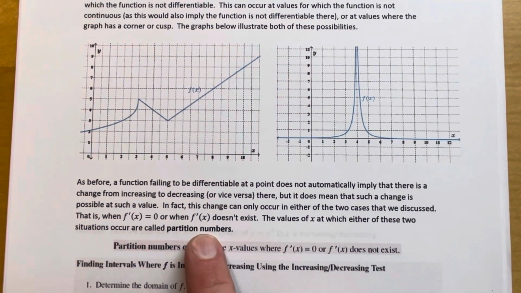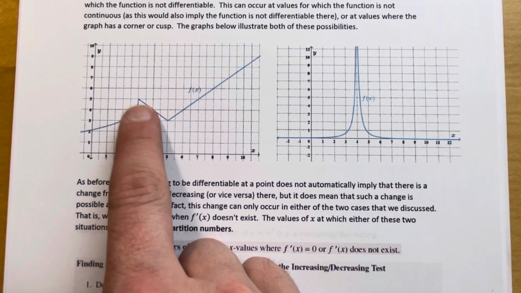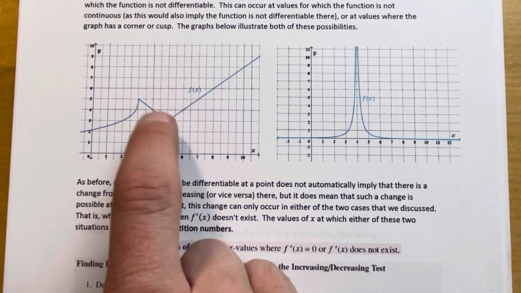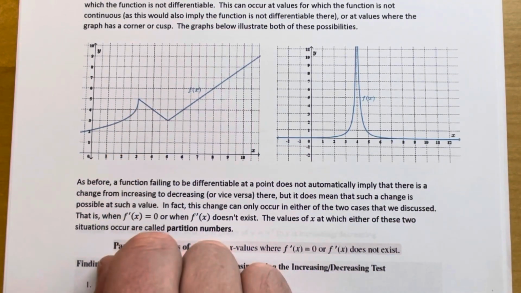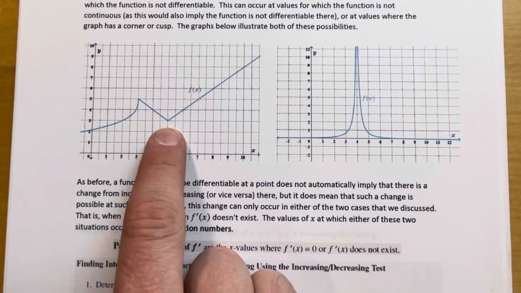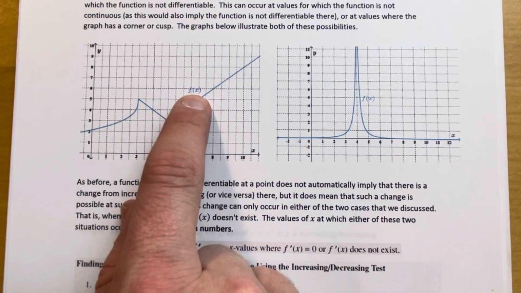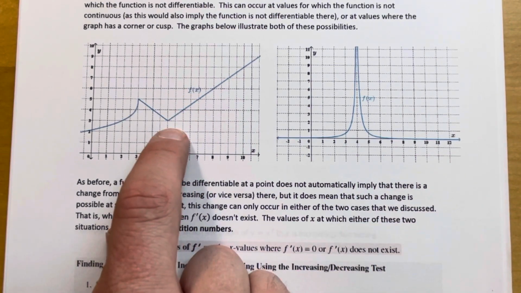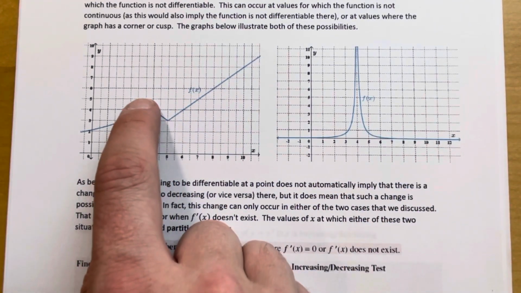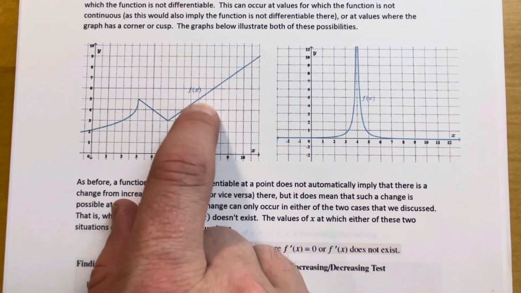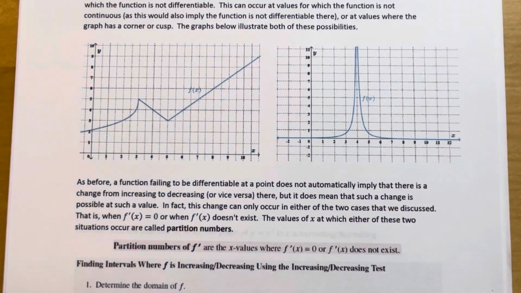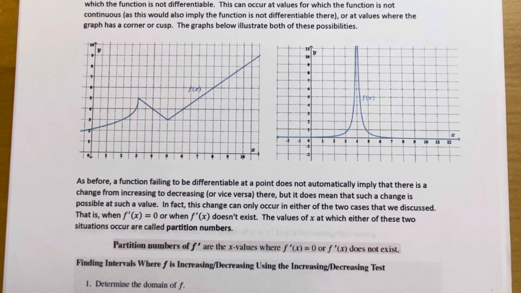Now, if we are going to have a place where the function fails to be differentiable, but we have a maximum or minimum value, it's necessary that the function itself be defined there, even though the derivative does not necessarily exist there. Because there has to be a point on the original graph of f of x for that to be a maximum or minimum value. So putting all of that together, we have these things that are called partition numbers.